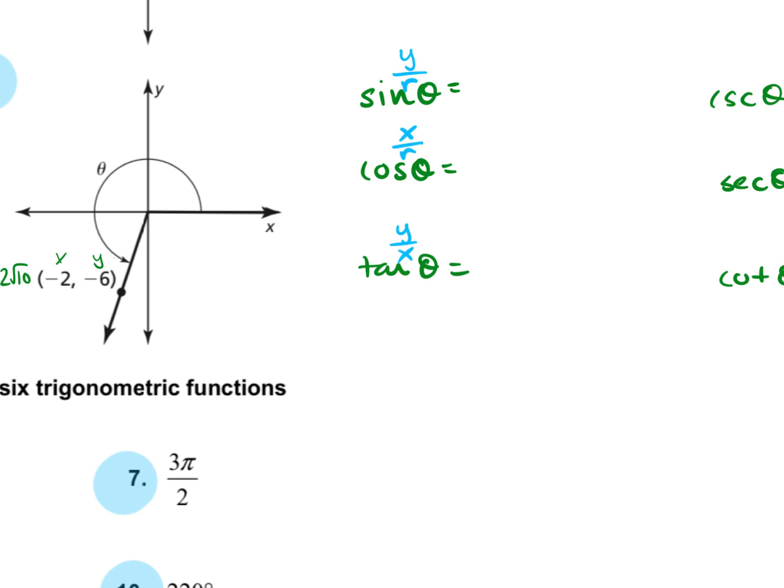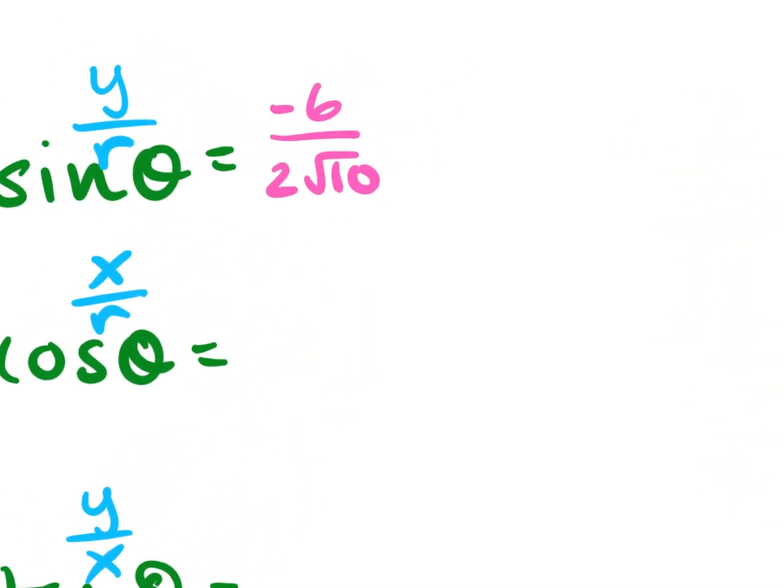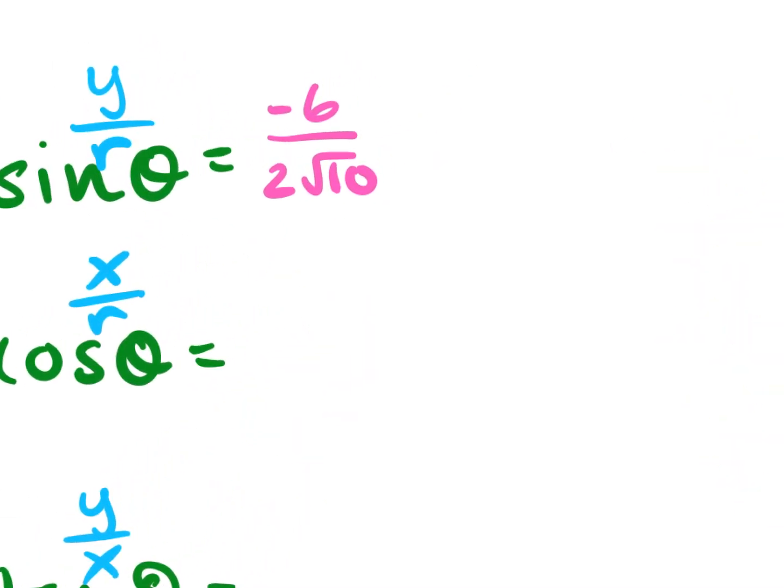So with sine, it would be y over r. What's our y? -6 over, what's our r? 2 square root 10. All right, let's simplify this. What can we do first to simplify? We can divide the top and the bottom by 2. That'll make it easier for us.